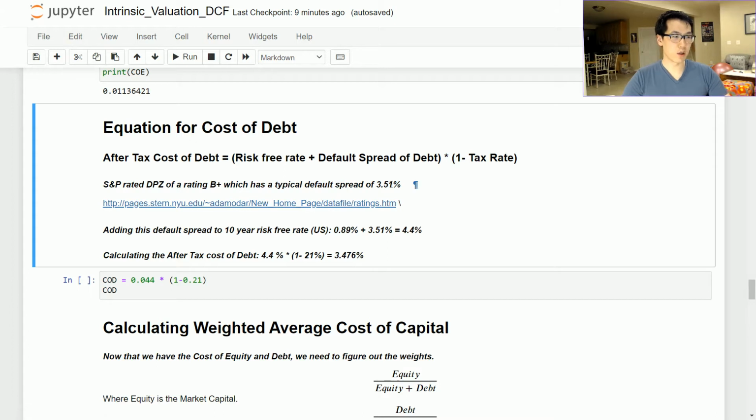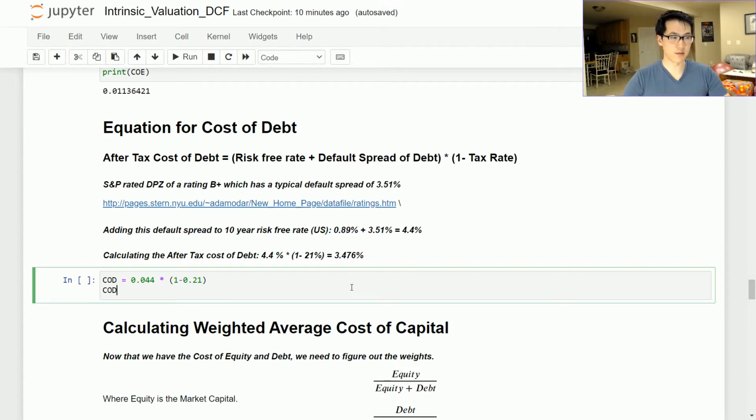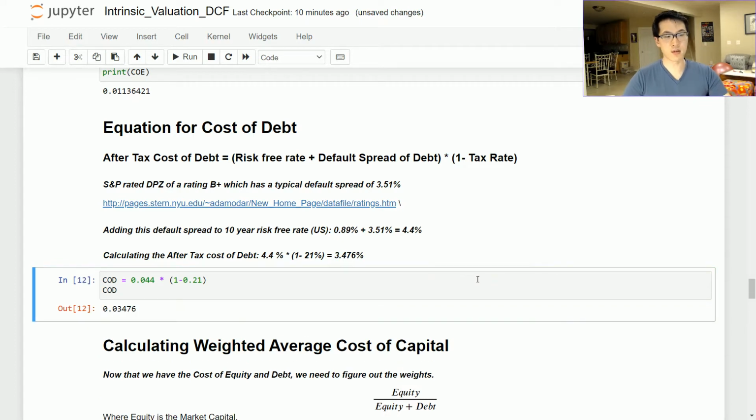So this was what it was for a B+ rating, and you add your spread, essentially your probability of default, to your riskless rate, which was, again, the 10-year, the 0.89%, and that's equal to 4.4. You multiply this by your tax rate, and that was this value, 3.476%. So that is your cost of debt.